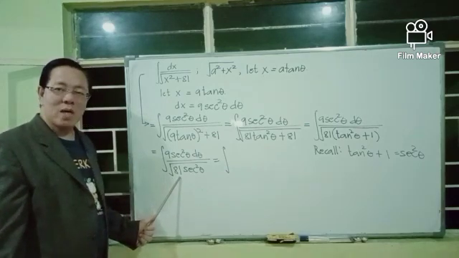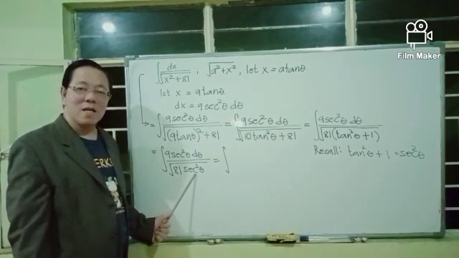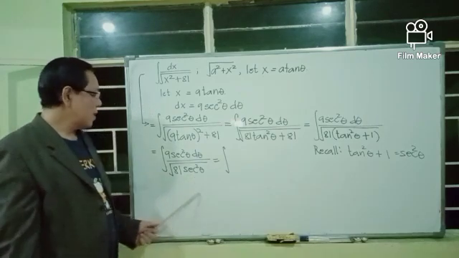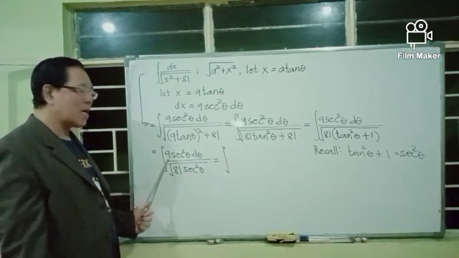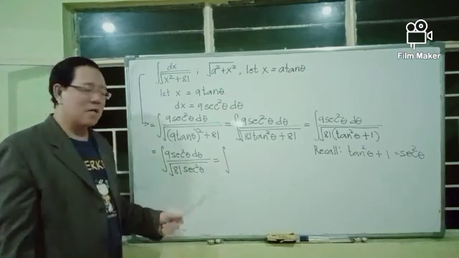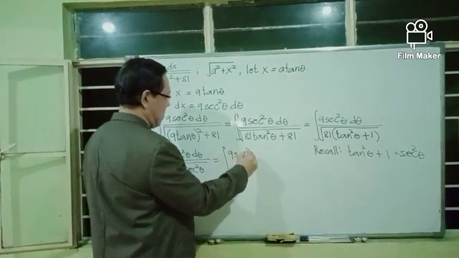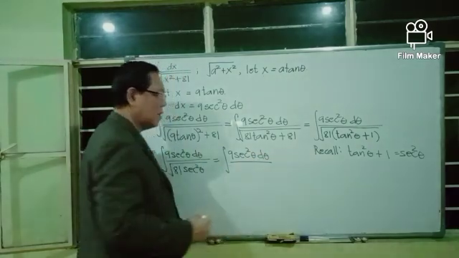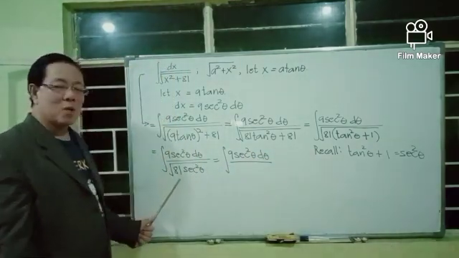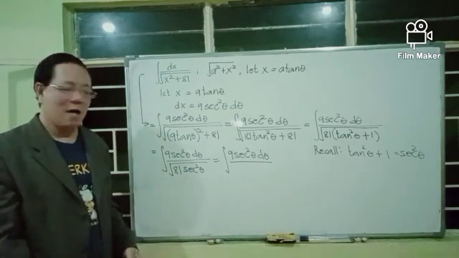The square root of 81 is 9. The square root of secant squared theta is secant theta. And this integral is now equal to the integral of 9 secant squared theta d theta, divided by the square root of 81 times secant squared theta, which is equal to 9 times secant theta.